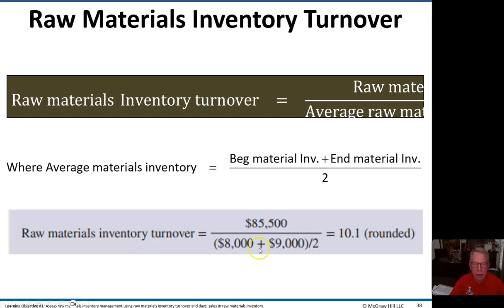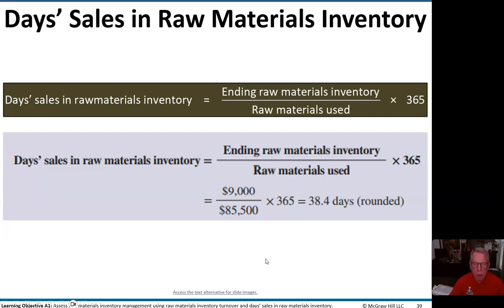And then this would be our average raw materials. And then as we move into this slide, the ending raw materials divided by the raw materials used, multiplied by 365. And that's going to tell me how many days of raw materials I have, should there be any problems.